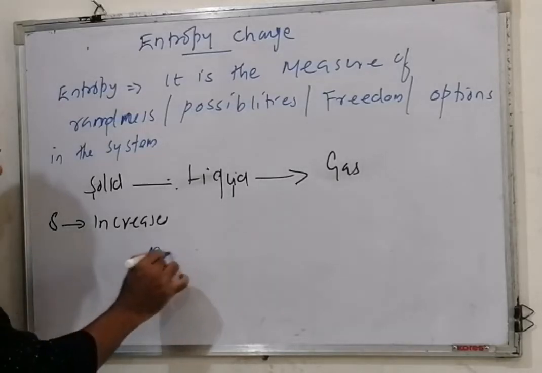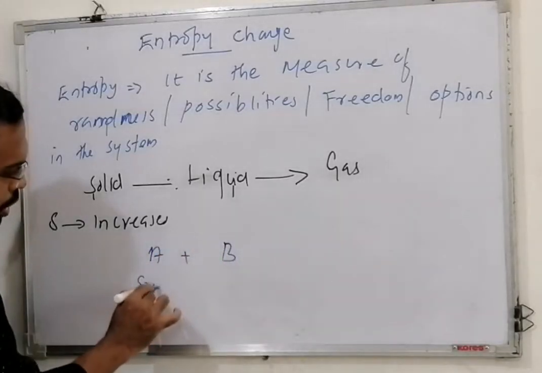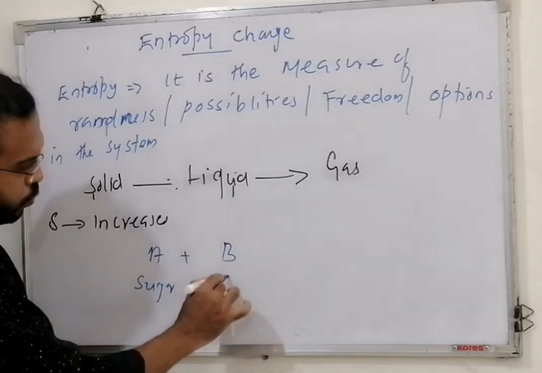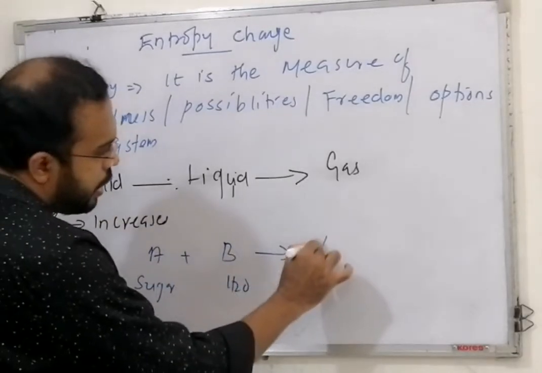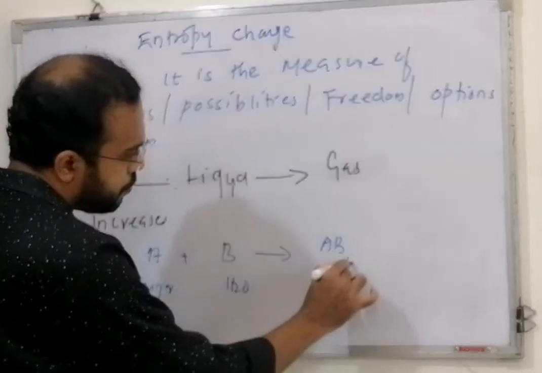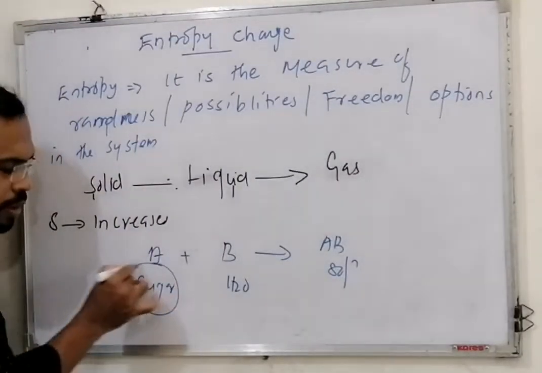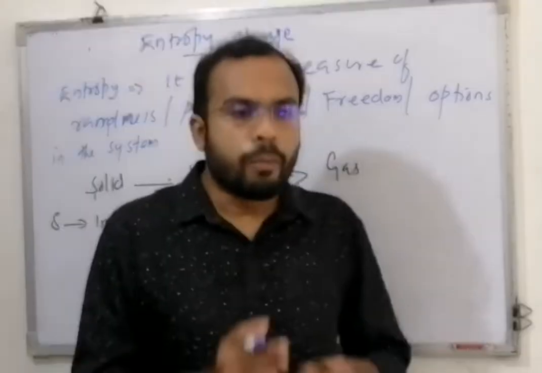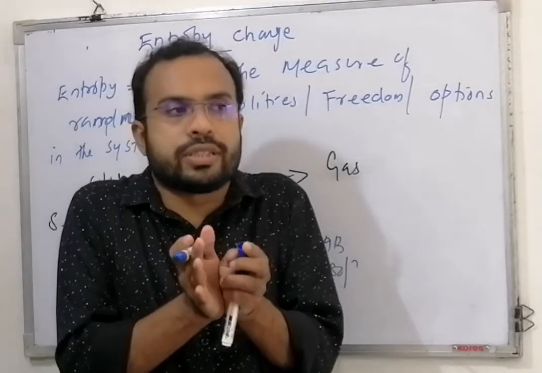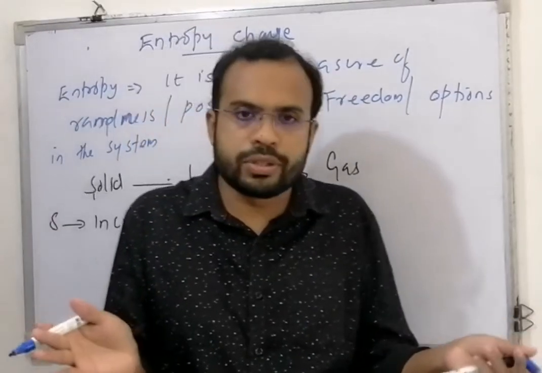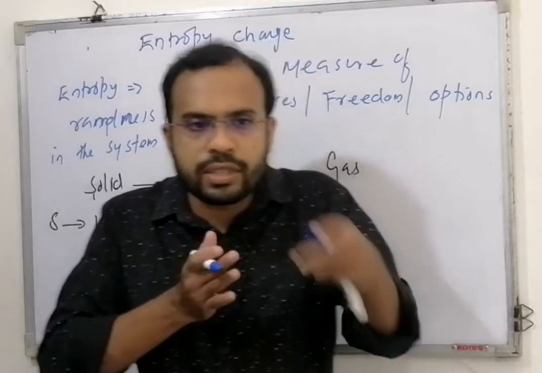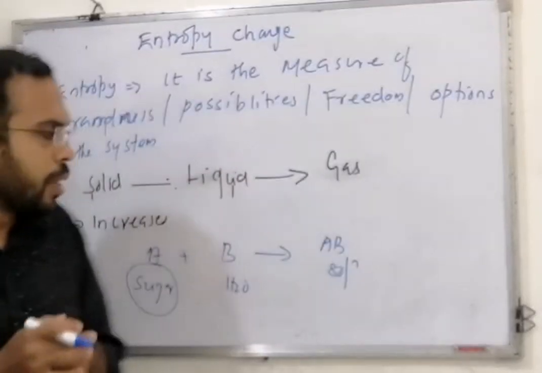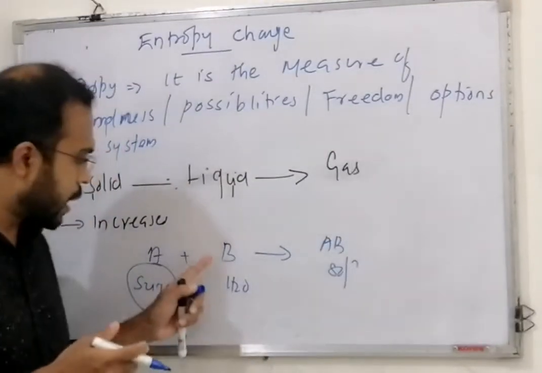Now suppose you are mixing A and B. A is sugar, B is water. You get a solution. In the case of sugar alone, molecules have only connections with the sugar molecules. There is only a sugar connection, and there is only a water connection.